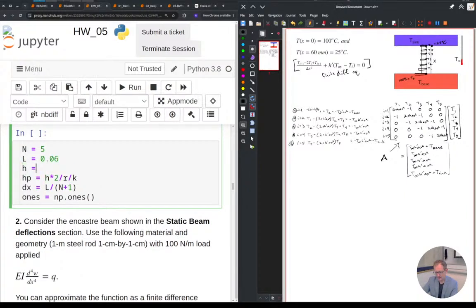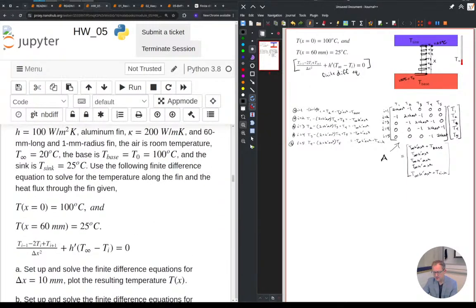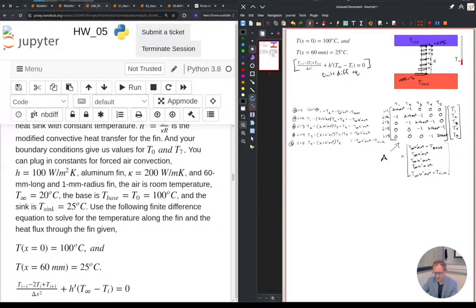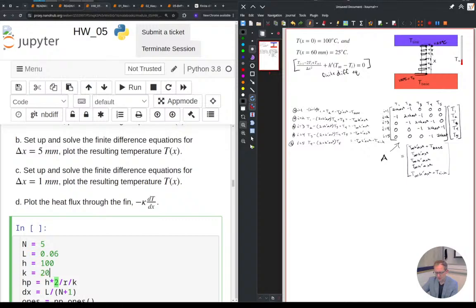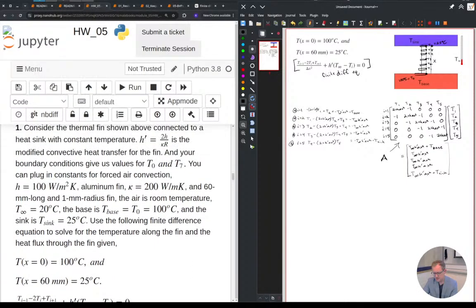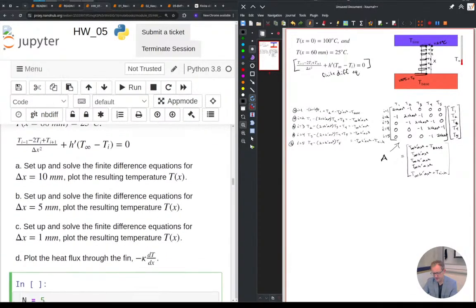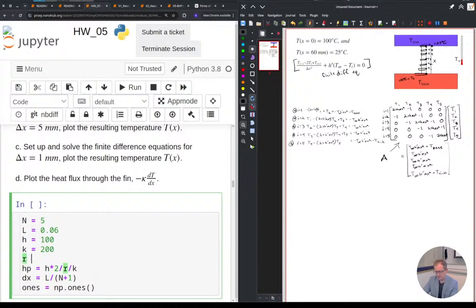And then h, I think that was 100 watts per meter squared Kelvin. k was 200 watts per meter Kelvin. And 1 millimeter radius fin, so R is 0.001, like that.